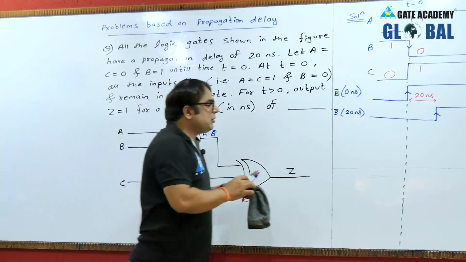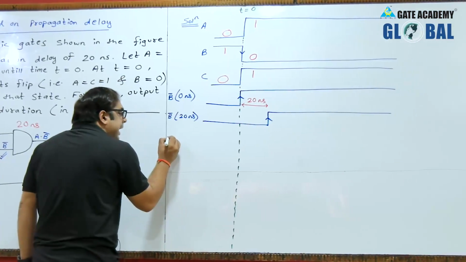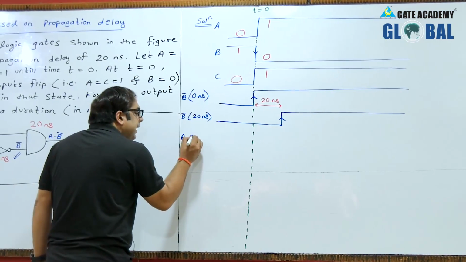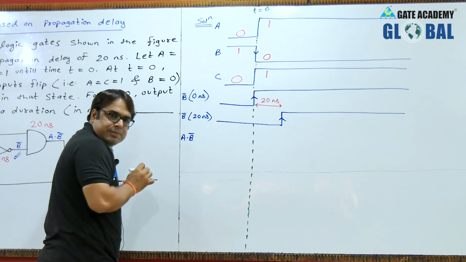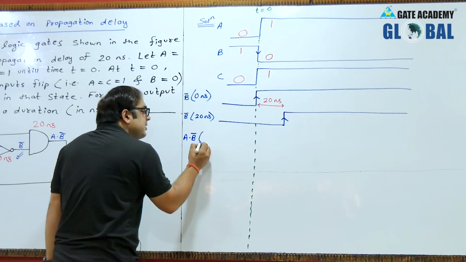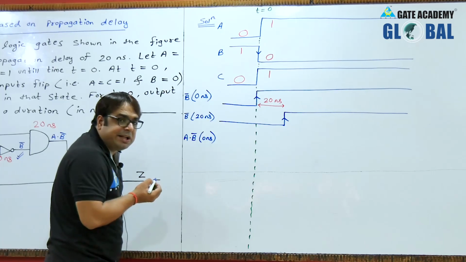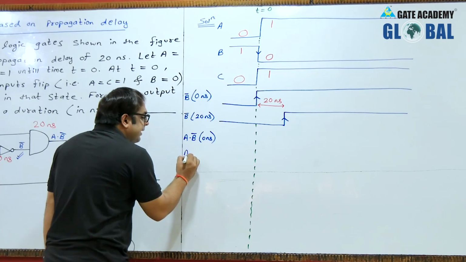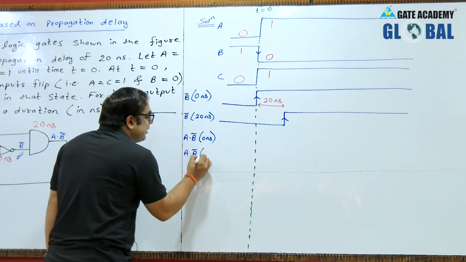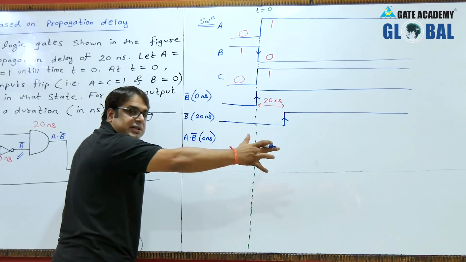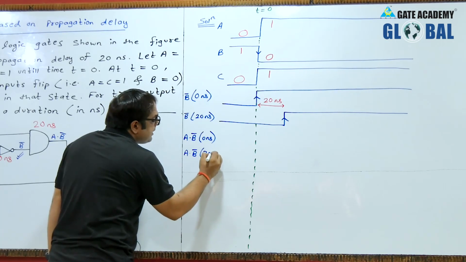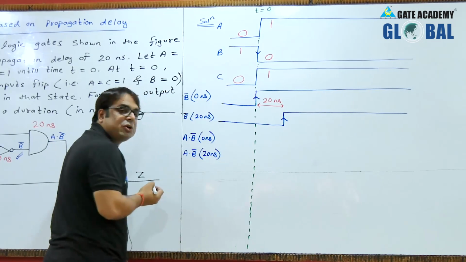So I will come back to this waveform and draw A dot B complement. Again the same concept: initially I will consider the propagation delay to be 0 nanosecond, and then I will shift this waveform right hand side by 20 nanosecond.